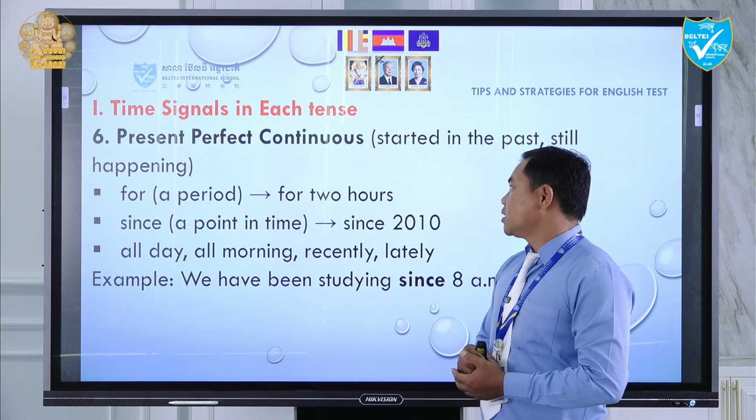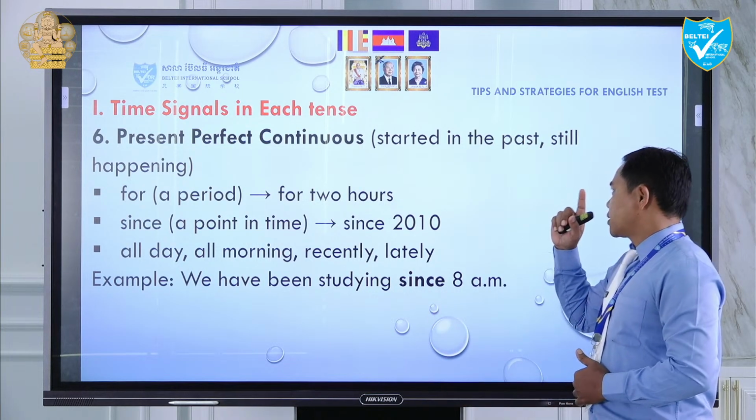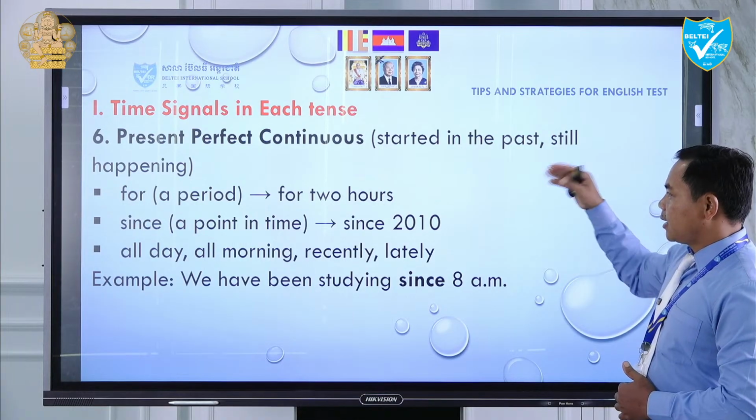Number six, present perfect continuous. We use it for an action that started in the past and is still happening.